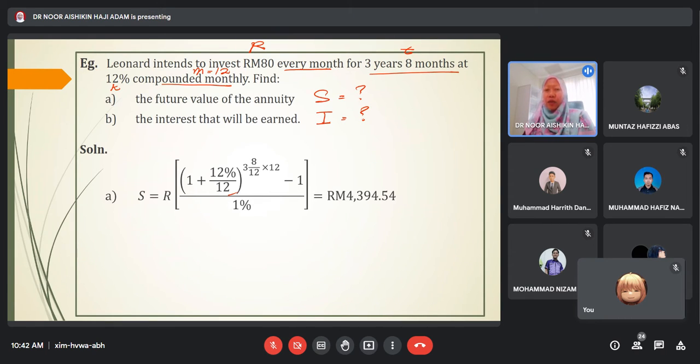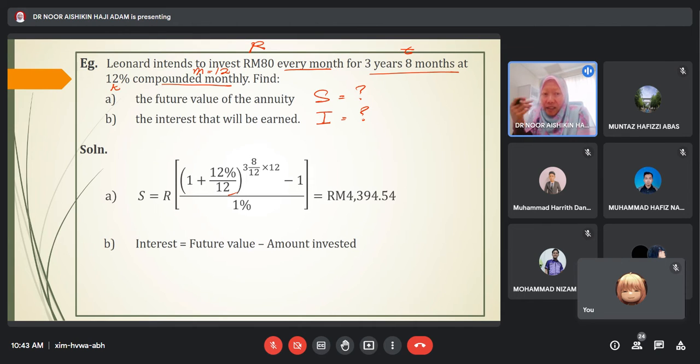Straightforward, isn't it? Now, how do we find the interest earned? How much interest did he get? Just follow logic. It is the future value from earlier, minus the amount invested. Right? How much money did he put in every month for 3 years, 8 months. So future value minus the amount invested. And you know the future value is higher than the amount invested because of the interest.